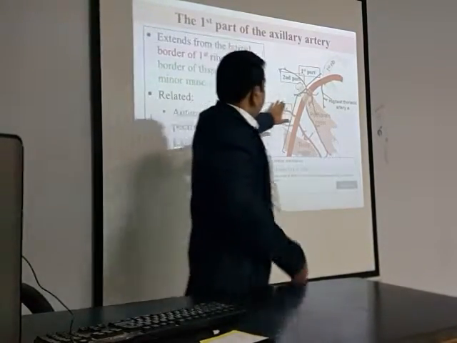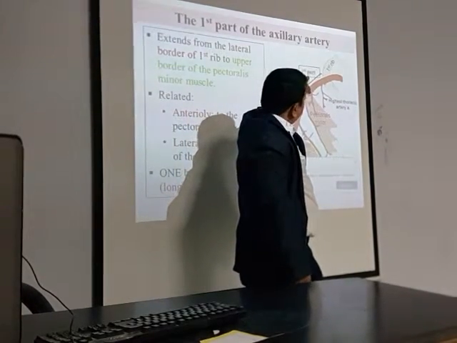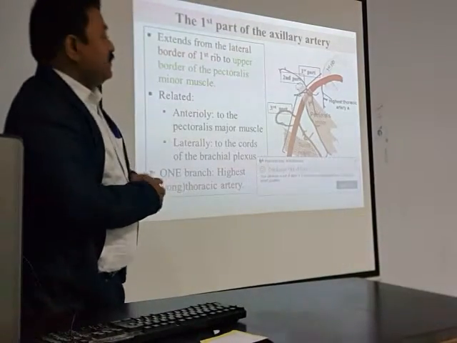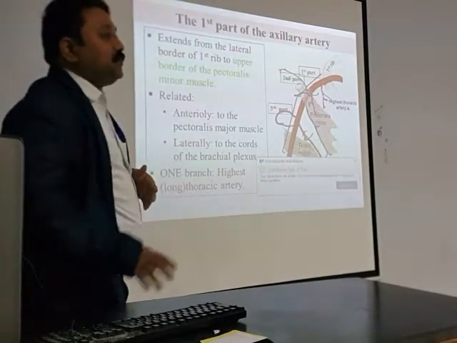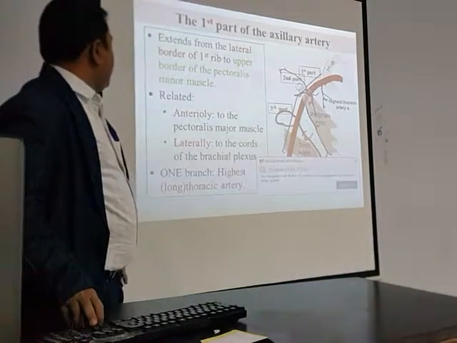And below the pectoralis minor is the second part of the axillary artery, which gives rise to two branches. So this is about the first part of the axillary artery.